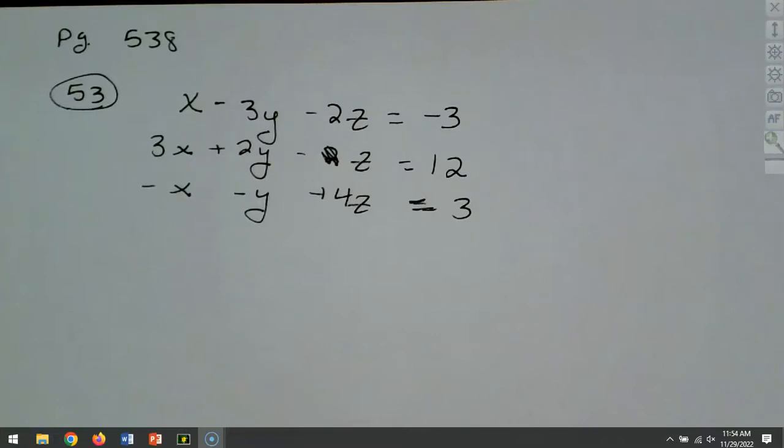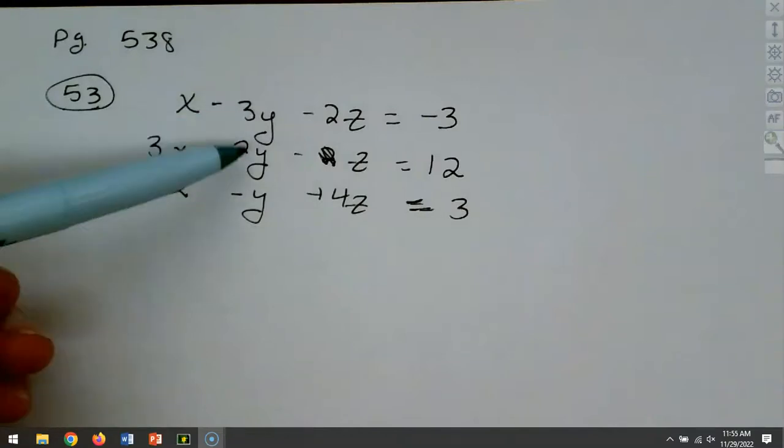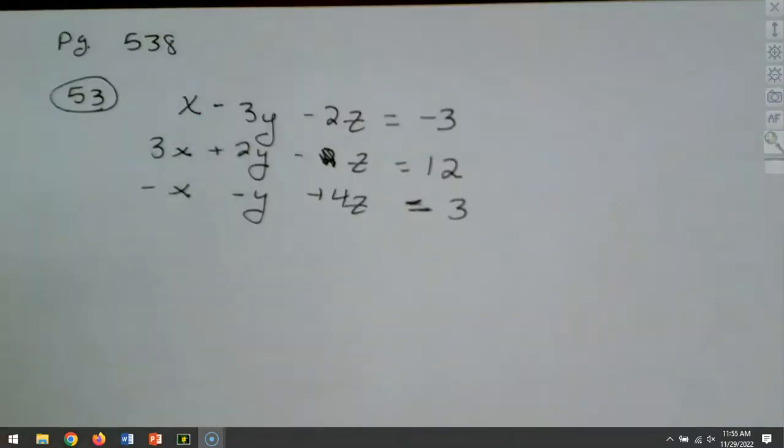Now, we want to avoid excessive multiplications. When I look at this, and you can eliminate for any variable, I'm just going to try to pick the easiest one. I would want to try to avoid using the y, because the y has 3 and 2, and those have nothing in common.